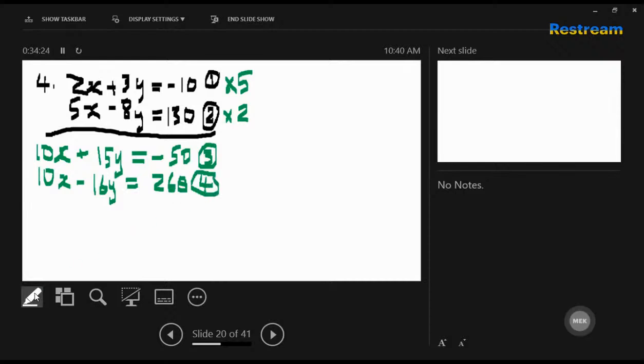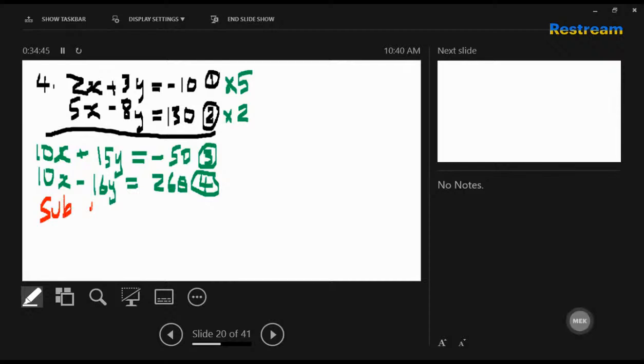So now, remember, the whole point of doing this is to get some coefficients that are the same or different in terms of signs. So we have achieved that. We now have two 10x's and they're both positive. So remember, we said when they're both positive, we're going to subtract in order to eliminate.